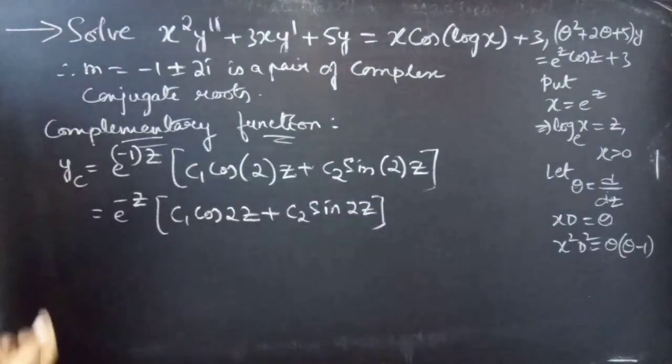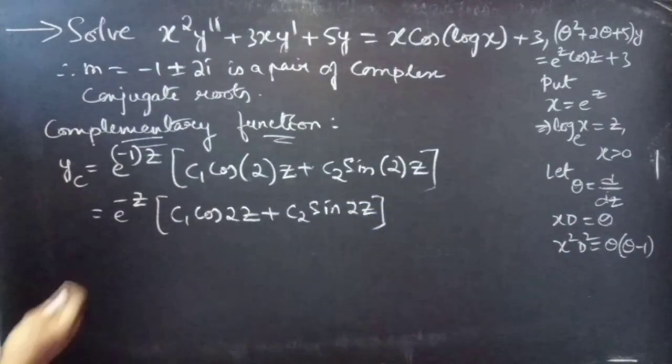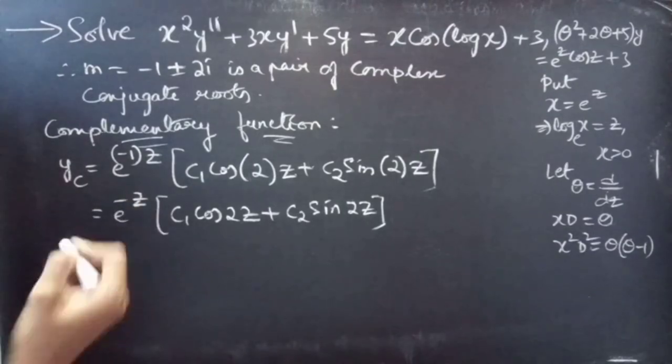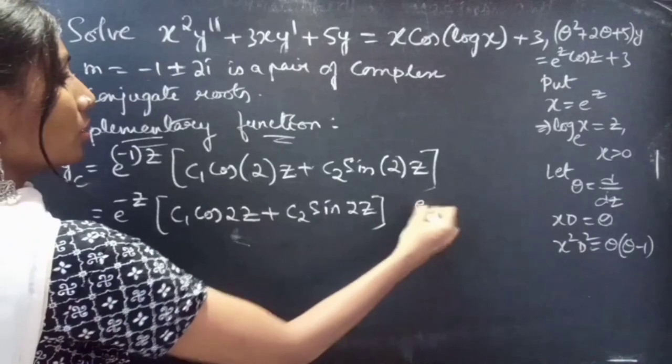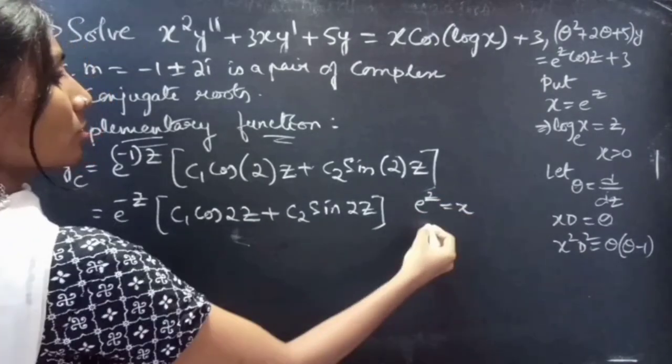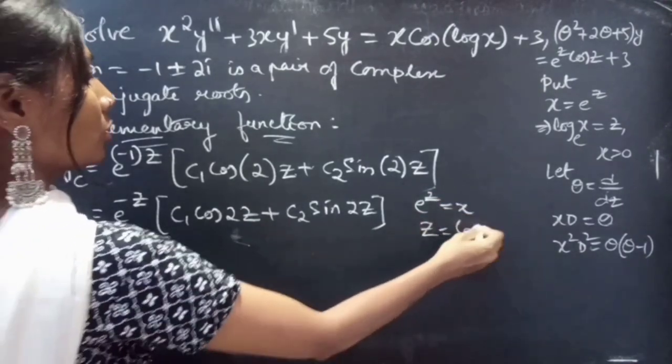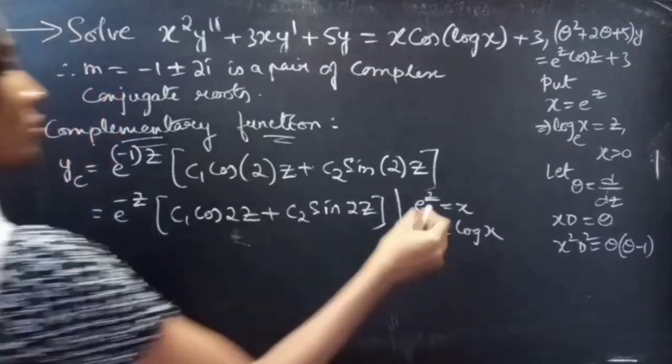Now we need to write in terms of x, right? For that purpose, we'll just replace e power z by x and z by log x.